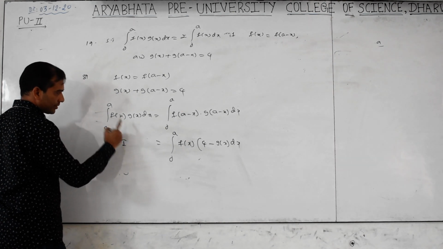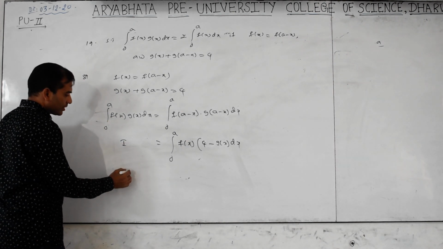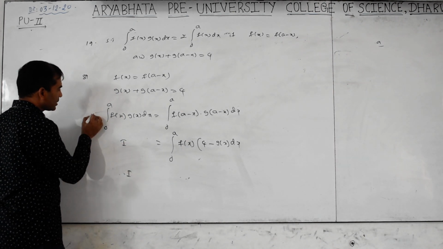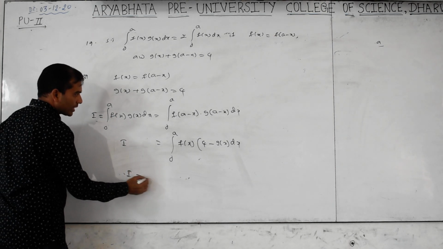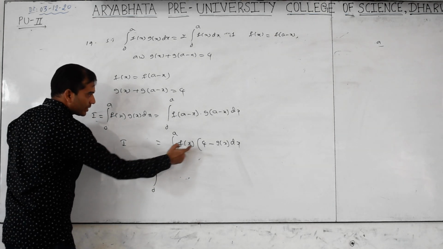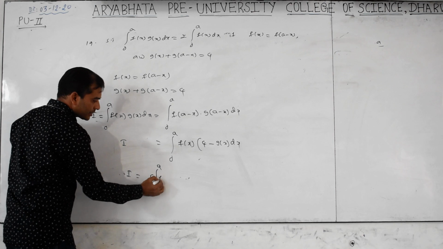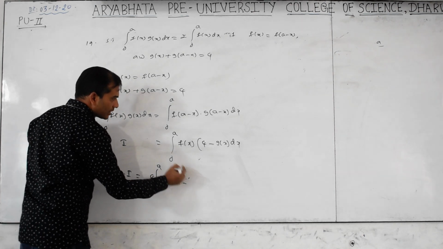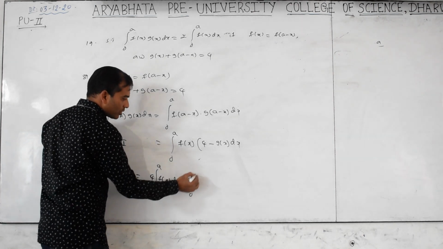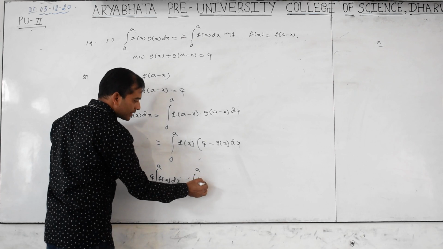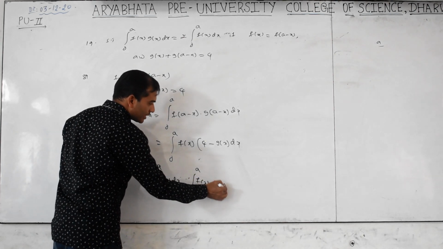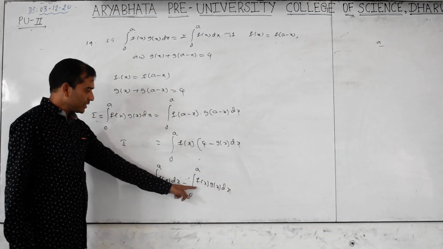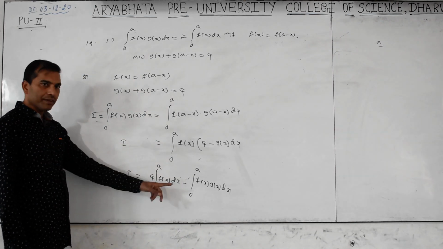Let this be I. So I equals integration of 0 to a 4 into f of x dx minus integration of 0 to a f of x into g of x dx. And this is the same I.